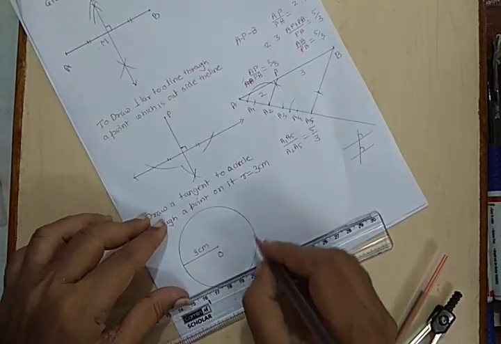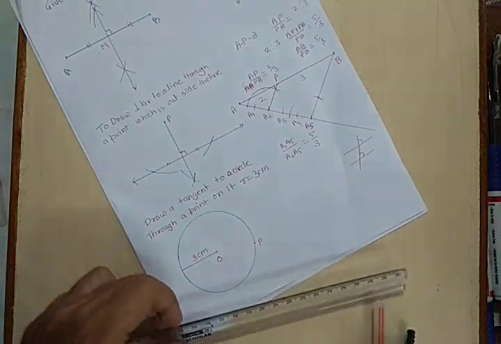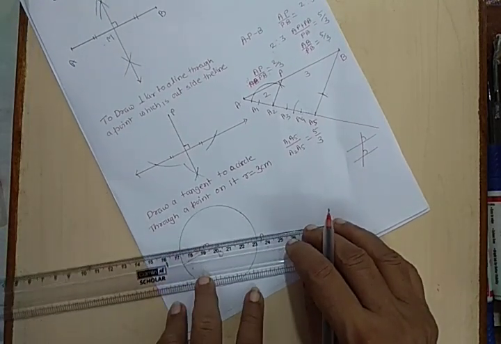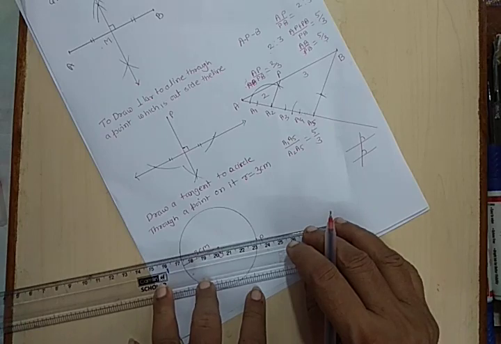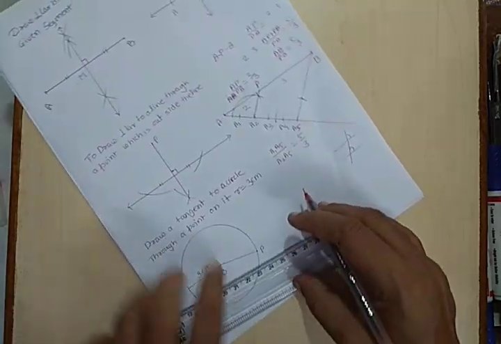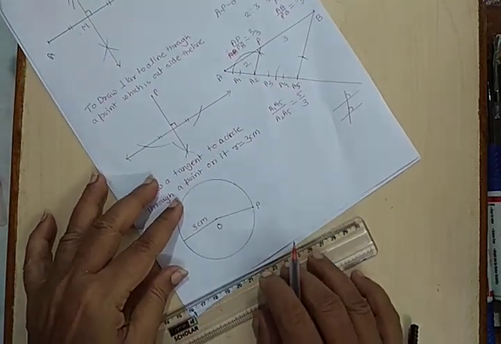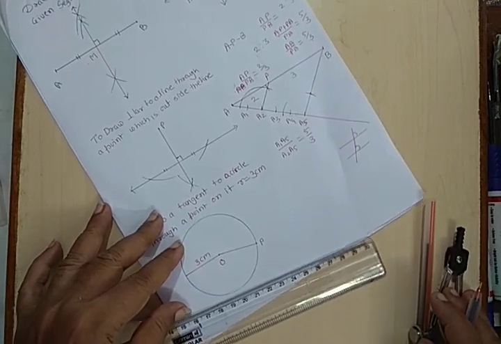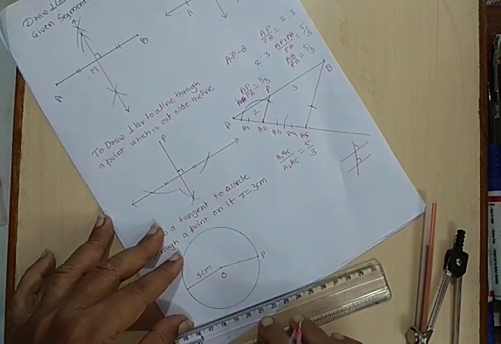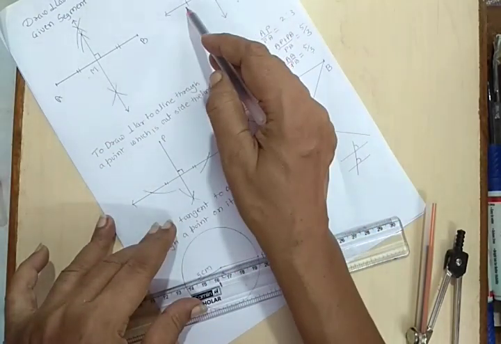Now I want to take a point P here, and I have to draw the tangent to the circle through point P. I will join center and P. Now we know the tangent radius theorem: radius is perpendicular to tangent, or tangent is perpendicular to radius. So I want a line which is perpendicular to OP.